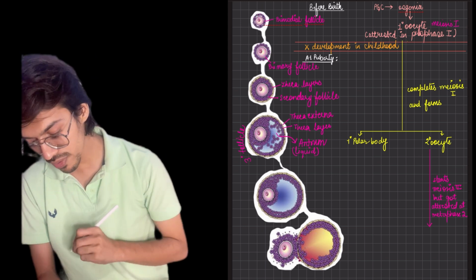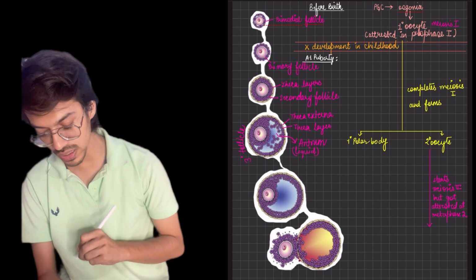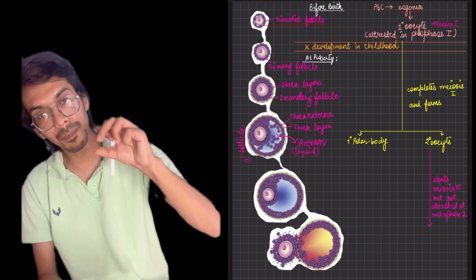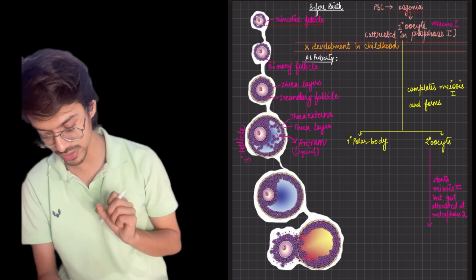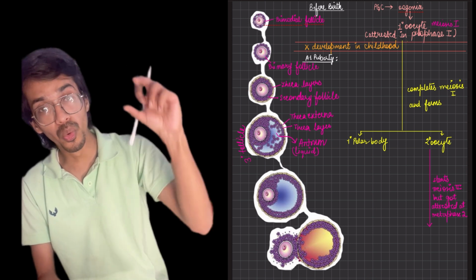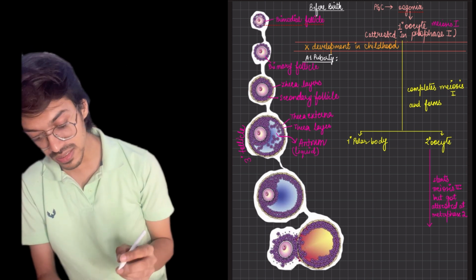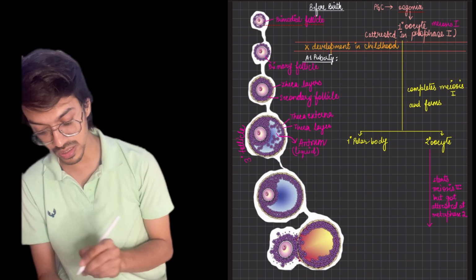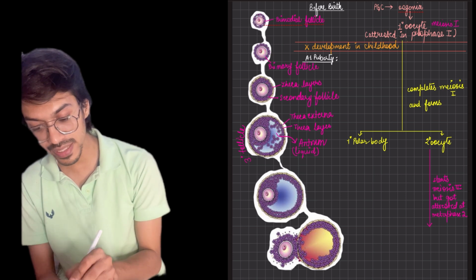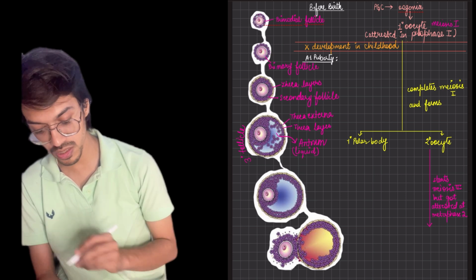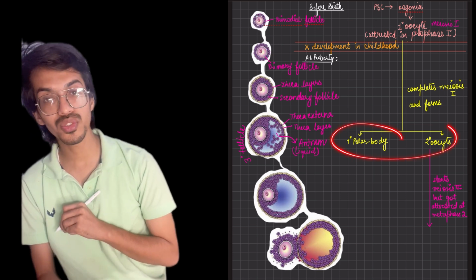Now it will grow further. The antrum will form most of the structure. By the time the tertiary follicle is formed, the first meiosis 1 is completed.